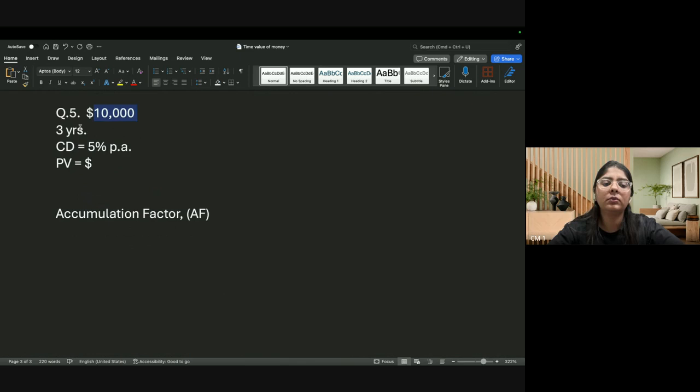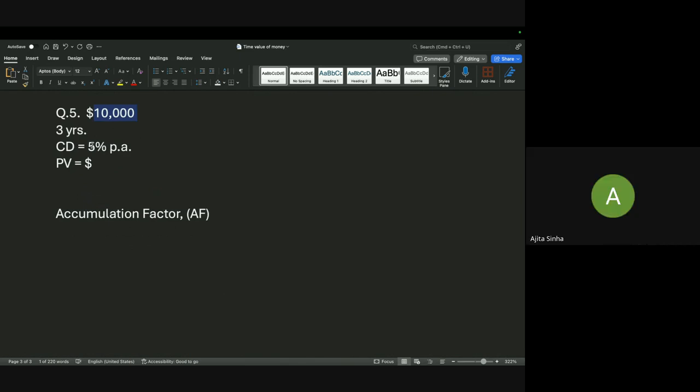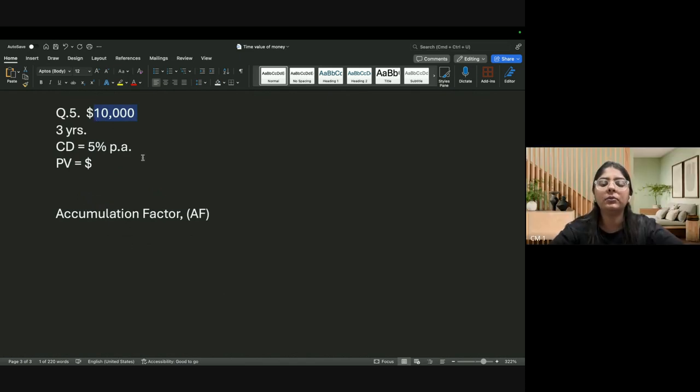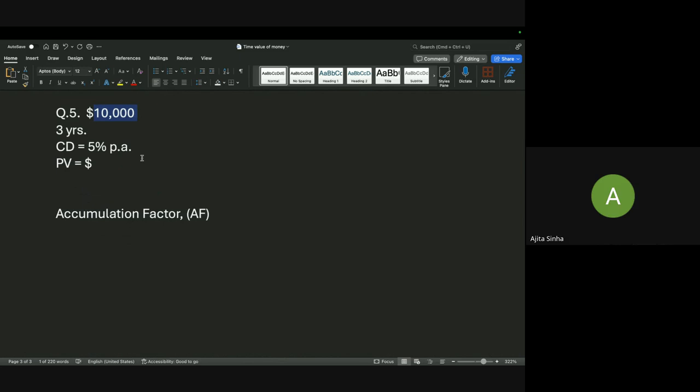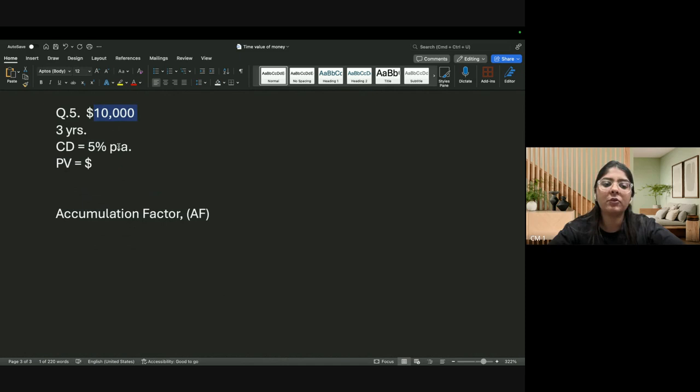The formula will be 10,000 into 1 minus d raised to, 1 minus 0.05 raised to the power 3.